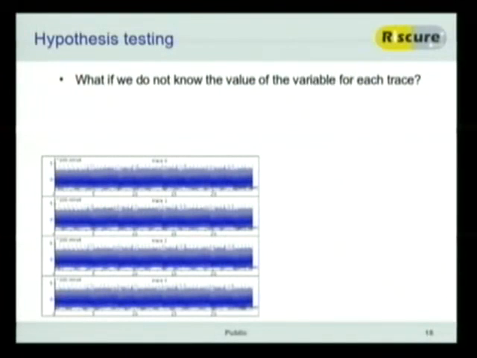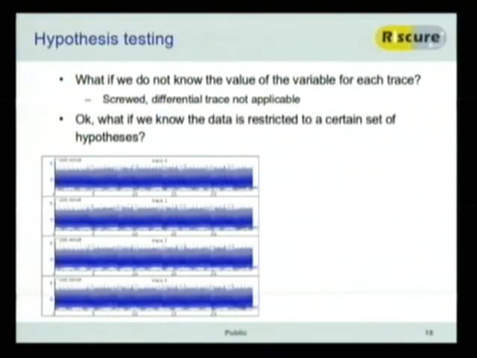Now, that's all great, but what if we don't know the value of the variable for each trace? Well, basically, we're screwed. You need to know the data. But it's not as strict as that. It also works if we know that the data might be restricted to some collection of data.